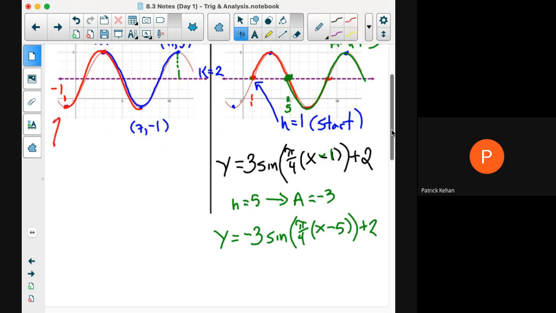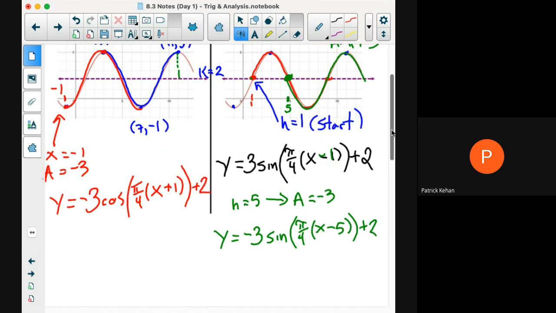If we chose to start here at x is -1, that's going to make our A value -3, then we can write this equation: y equals -3 cosine of pi over 4 times quantity x minus h, so that would be minus -1, which would make it +1, plus 2 for the line of oscillation.